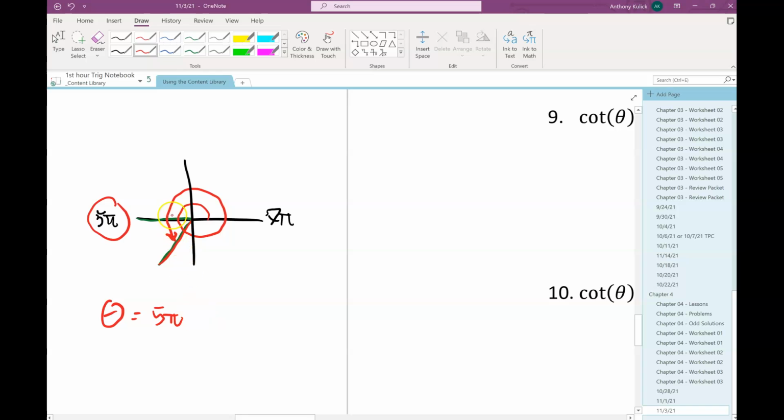And since we last passed through the horizontal, we'd be adding alpha. So it just purely depends on the picture, right? A well-labeled and drawn picture tells you everything you need to know to write your equation.